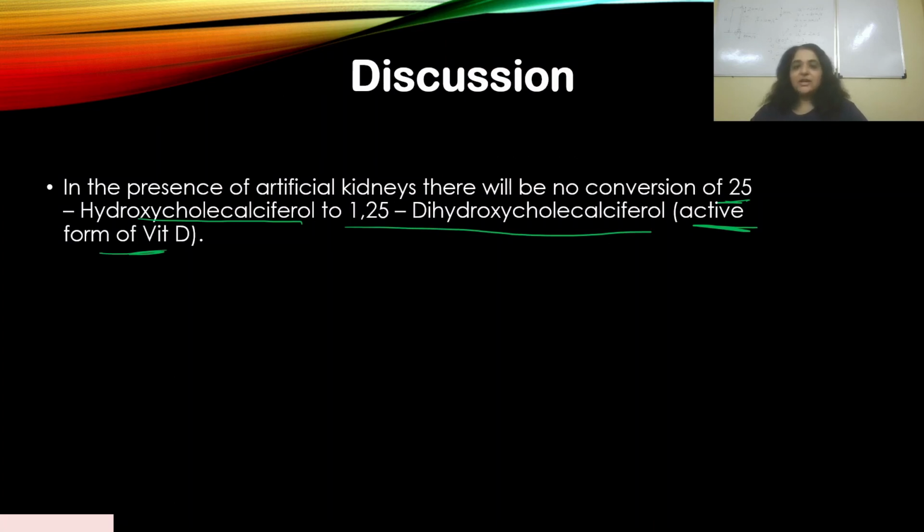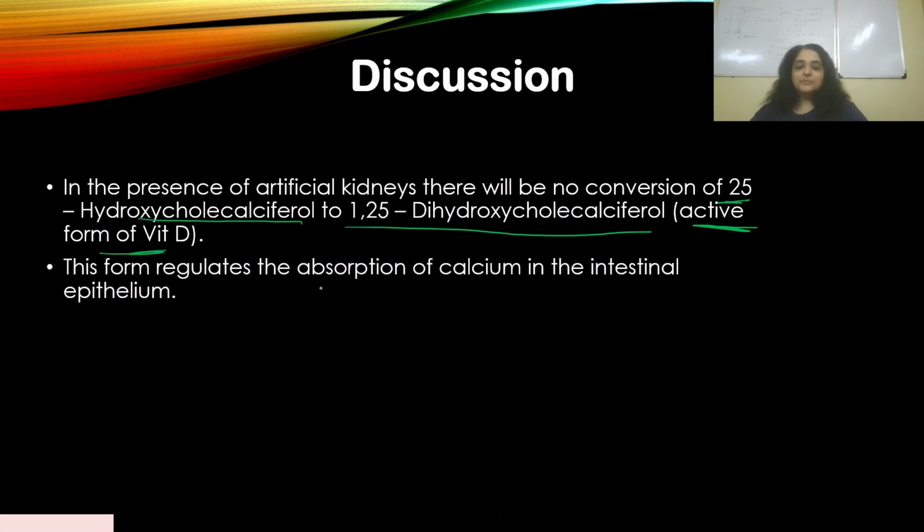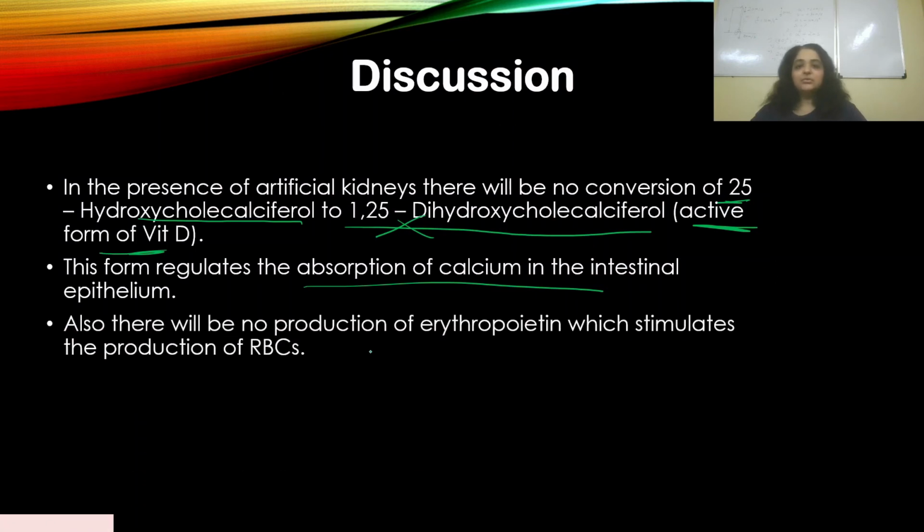Because of that, there will be less absorption of calcium in the intestinal epithelium. Also, there will be no production of erythropoietin, which stimulates the production of RBCs.